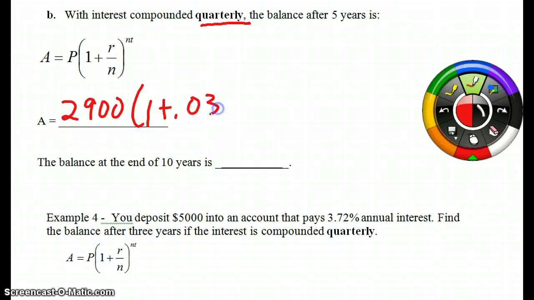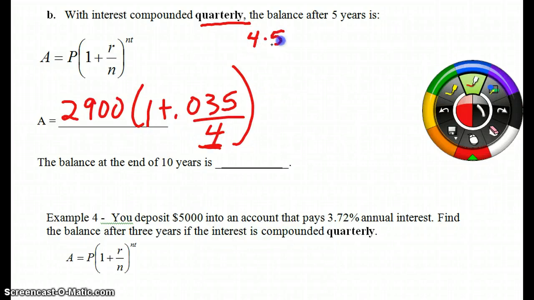We still have the same interest rate, but now the number of times that we compound is 4, and then our power will be the number of times we compound times our years, so we'll raise that to the 20th power. Again, it shouldn't surprise you that we would have a little bit less if we compound less. And those are the areas where you have to change your formula.